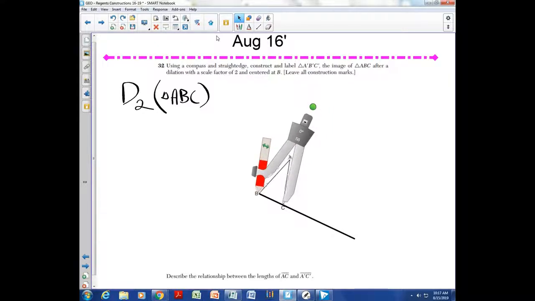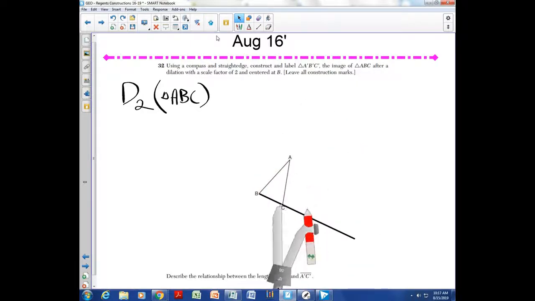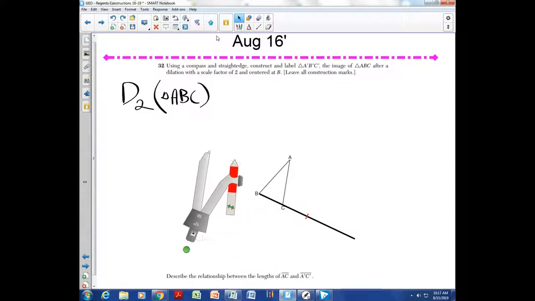And if you put the pointer on C, then all you really need to do once you measured BC is just to flip it around and intersect that line. And that right there is your C prime. And it's kind of obvious that C prime is twice as far from B as C was. That's a dilation of 2.